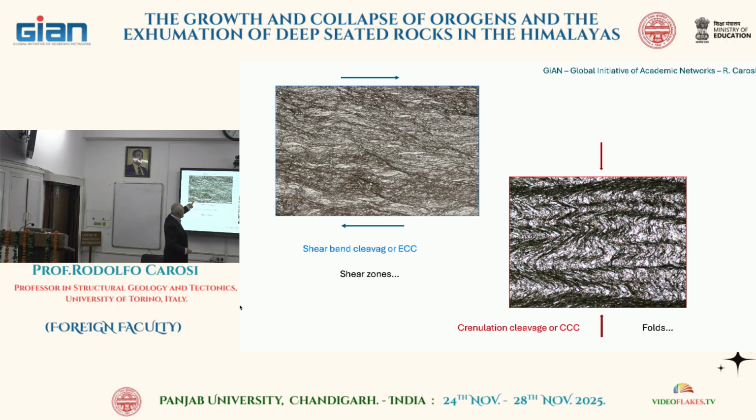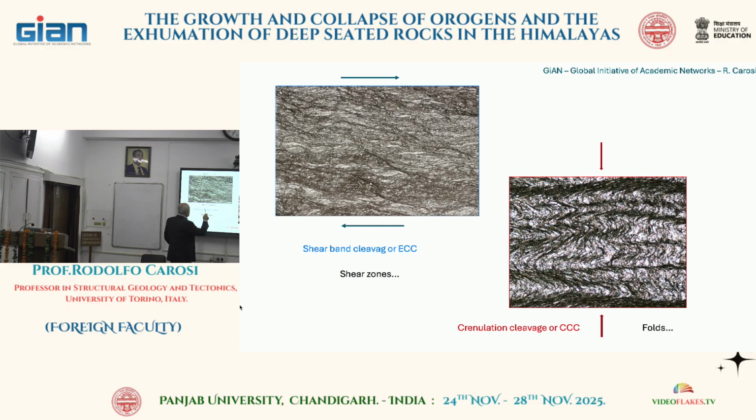This is a fabric in a shear zone, also from Sardinia. You can observe the C structure, the S structure, but what is the main difference between these two pictures? Exactly. In this case, the angle between the S foliation and the C foliation is from 0 to 90 degrees, so you have several orientations of the folded foliation.